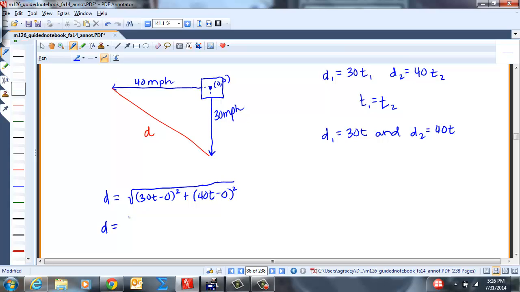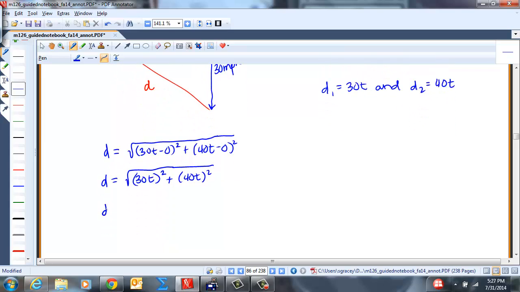So distance would be root 30t, or not 30, my bad. I'll write an extra step. 30t the quantity squared plus 40t the quantity squared.